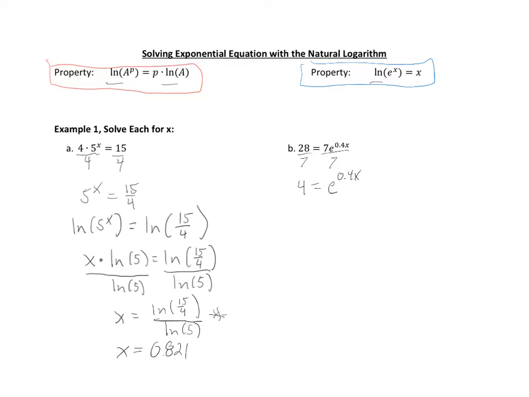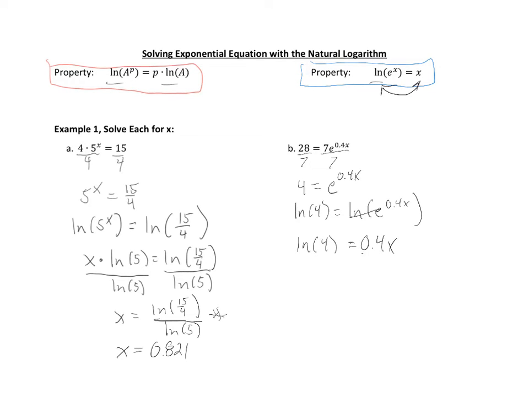And now we're going to use this natural log property over here. And we're going to do the natural log of each side. So the natural log of 4 equals the natural log of e to the 0.4x. And so what this property here says is that when you do that, the natural log will cancel this e out. And so what you actually have is the natural log of 4 equals 0.4 times x.